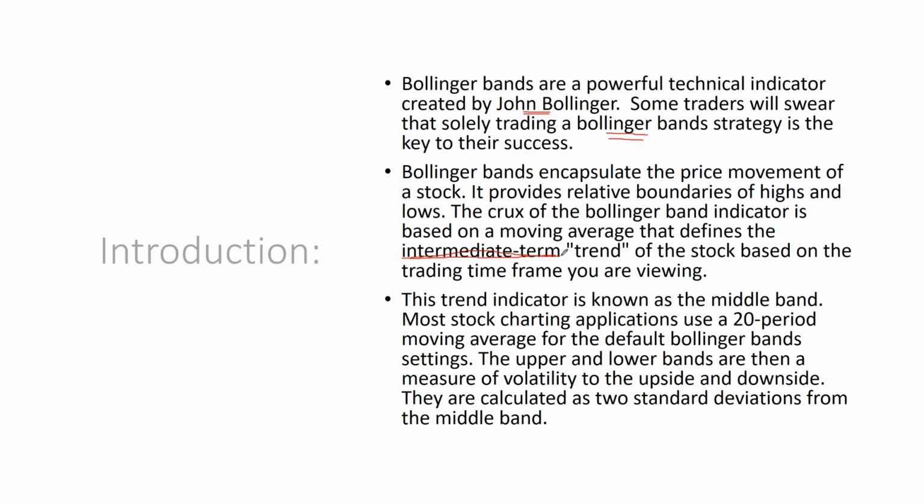That means when you are using a Bollinger Band, you are using a moving average with it. The construction of Bollinger Band is such that a moving average is involved, and basically we use the 20 period moving average in Bollinger Band, and the 20 period moving average defines an intermediate term trend in the market.